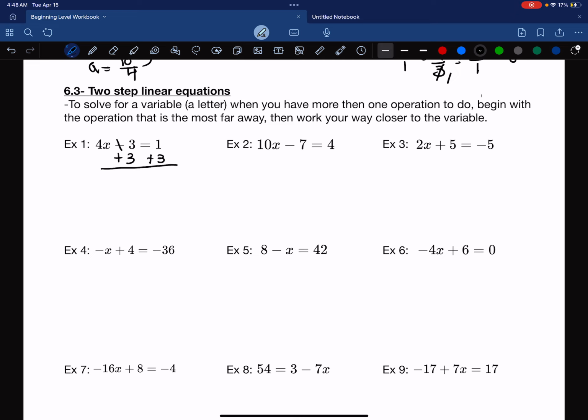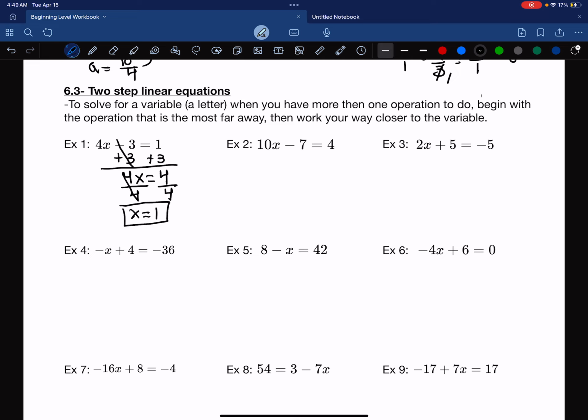So these 3's cancel. You're going to get 4x equals 1 plus 3, which is 4. And then from here, to solve for x, since 4 is being multiplied by x, we're going to want to divide by 4 to cancel out these 4's. And then we get x equals 4 divided by 4 is 1.